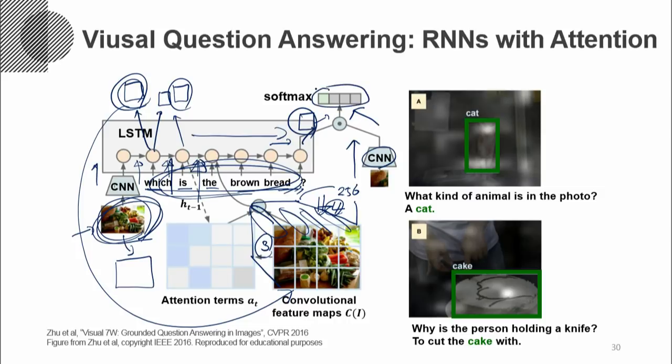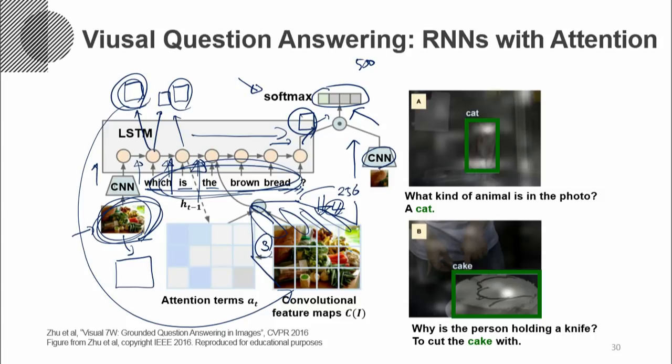Suppose our answer is one single word among maybe 500 different vocabulary words. The task will be to pick one word out of these 500 different vocabulary words. That way, we can form this softmax layer at the end in order to choose the correct word answer.